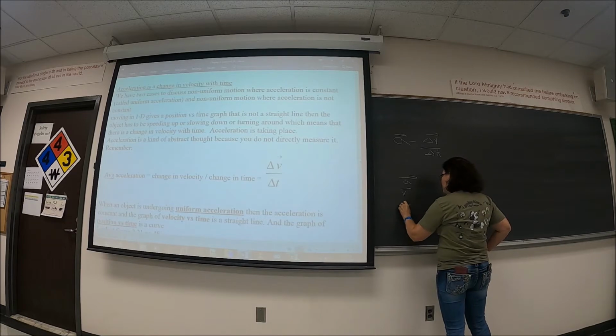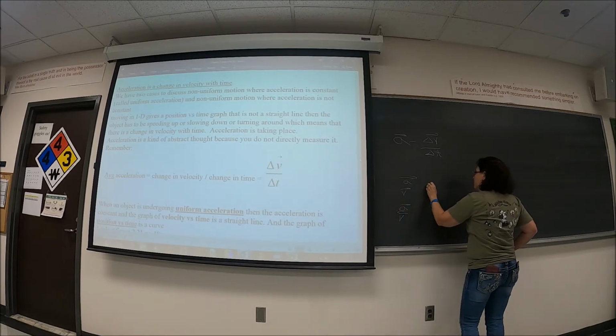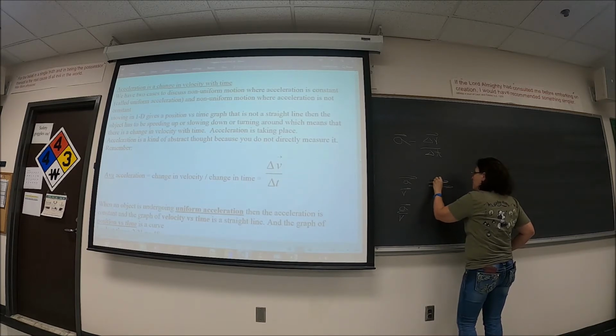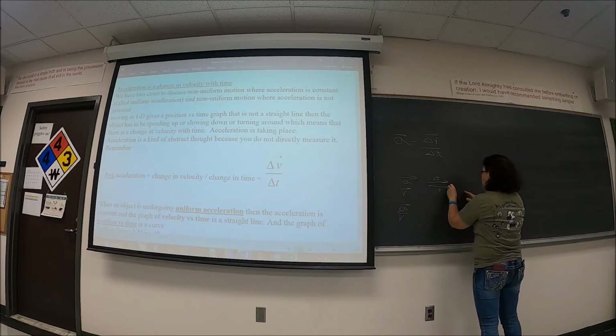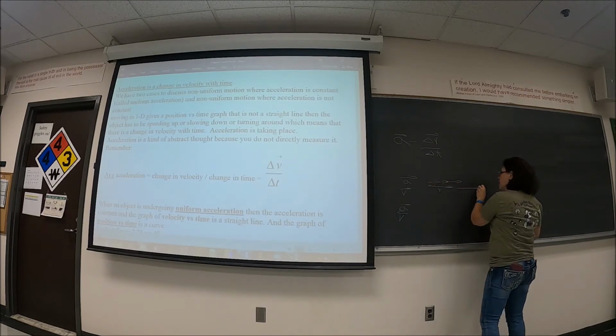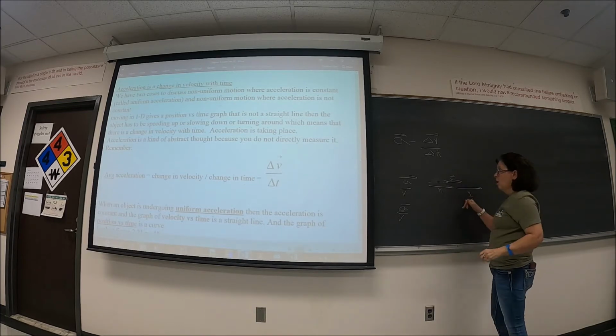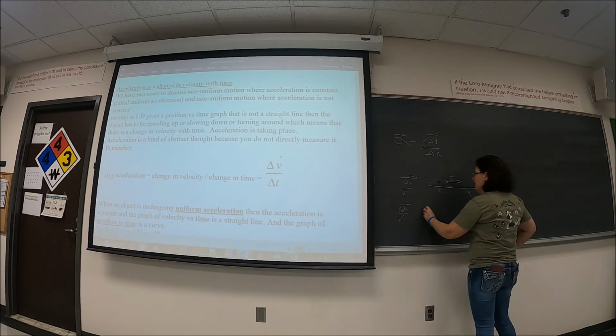If there's our velocity vector, there's our acceleration vector, then we know that velocity 2 is going to be longer, greater than velocity 1.